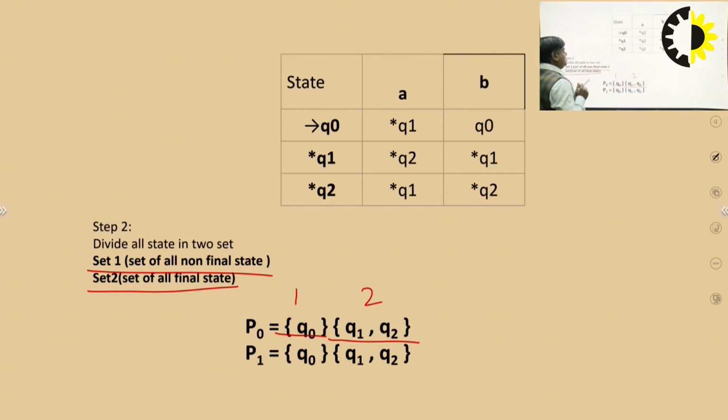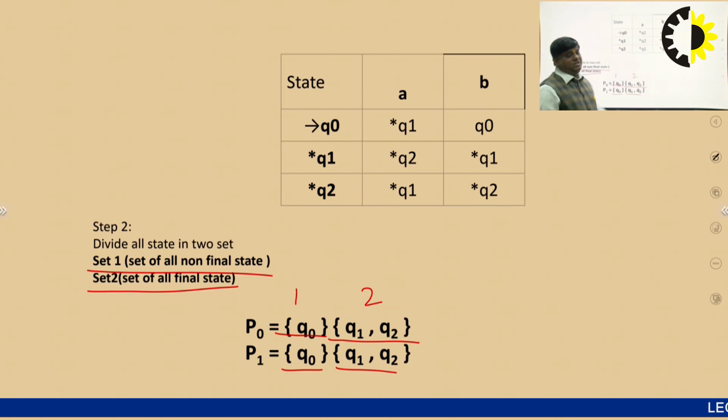Now we check these two sets again, divided into subsets on the basis of the transition table. If these states lie into the same set for the transition function, then they lie into the same set, otherwise it is different. Now we check if further division is possible.